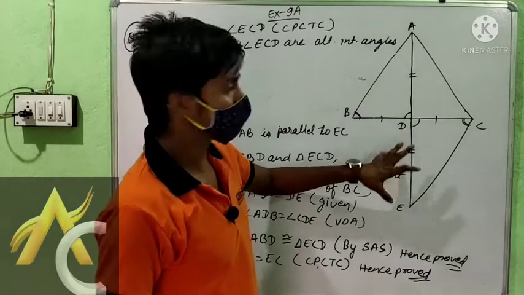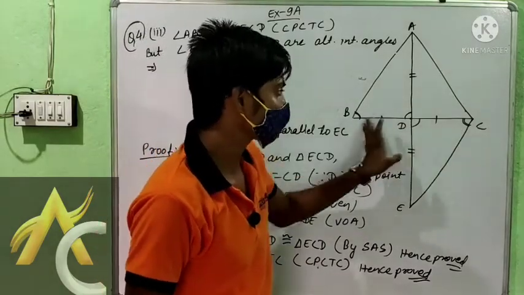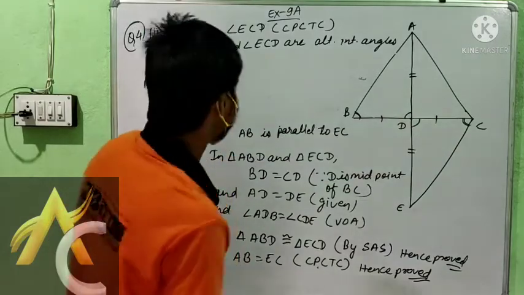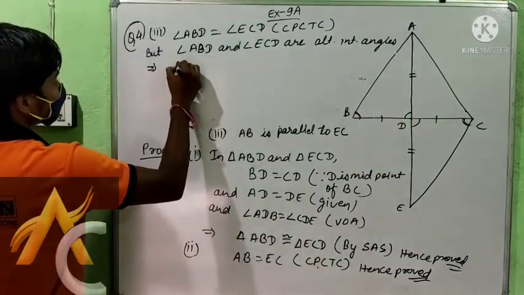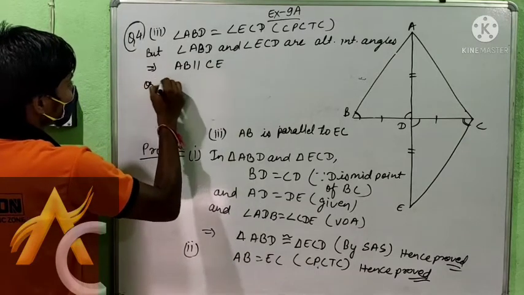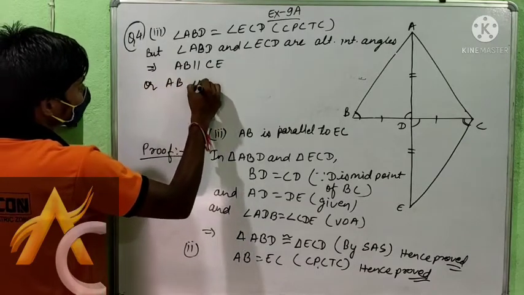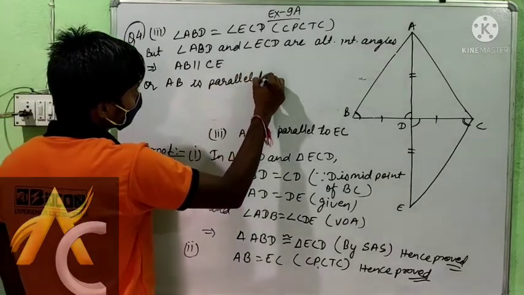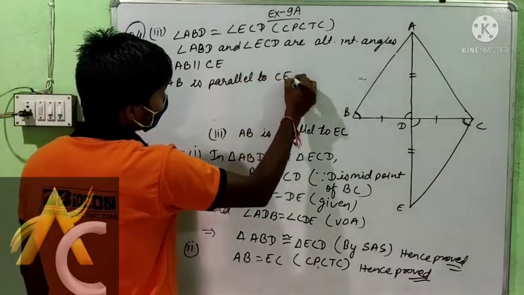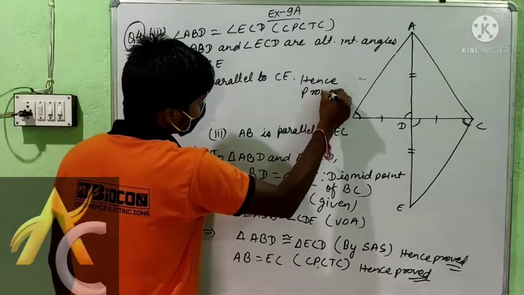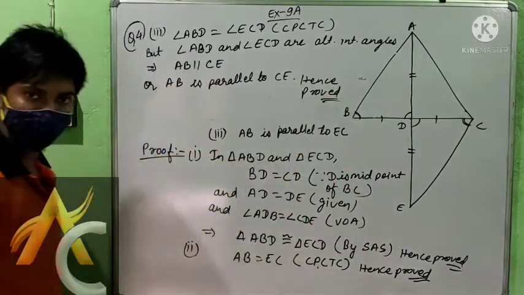In any transversal, if alternate interior angles are equal, then lines are parallel to each other, right? That implies AB is parallel to CE. Hence proof. Simple, easy.